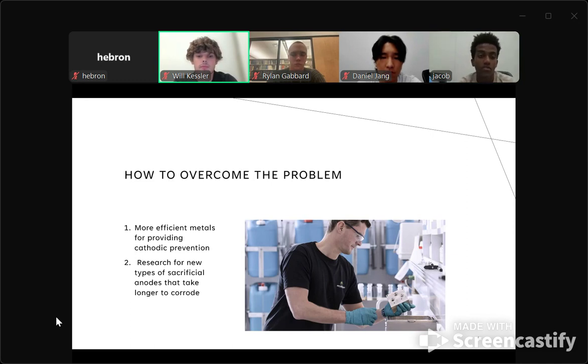It's best used in freshwater situations because it can deplete rapidly in high salinity situations. Magnesium is good for fresh or low salinity on smaller vessels, but it is very reactive and gets rapidly consumed. Aluminum is long-lasting, suits high salinity, and is usually used on big vessels in the open ocean.